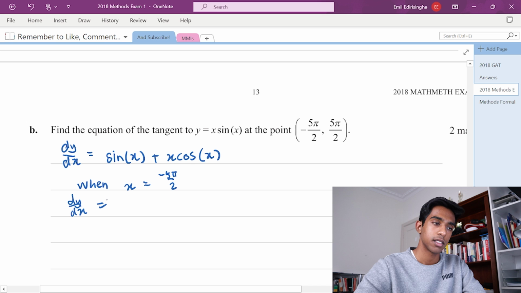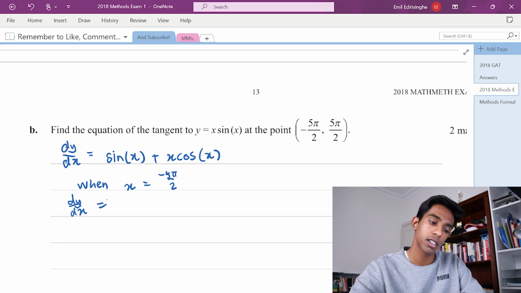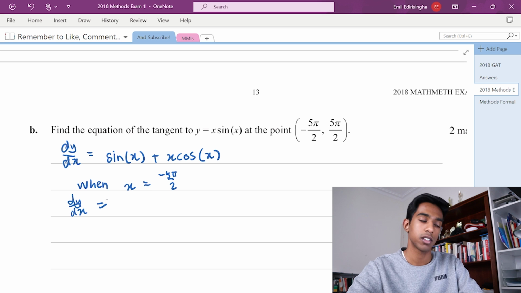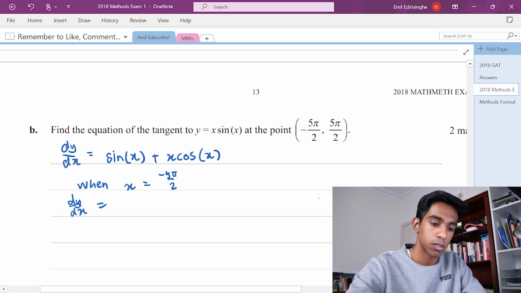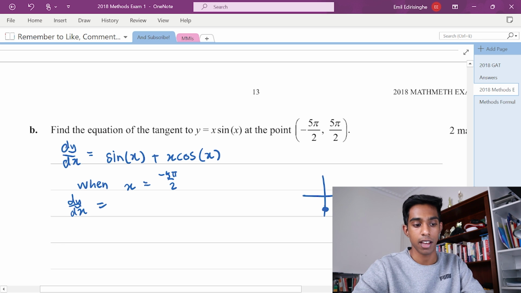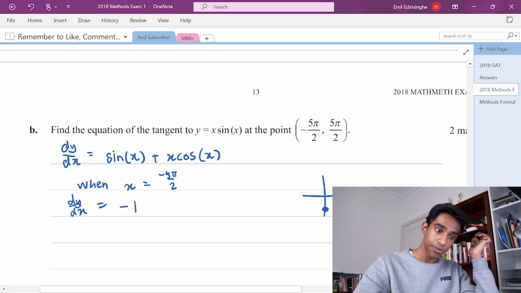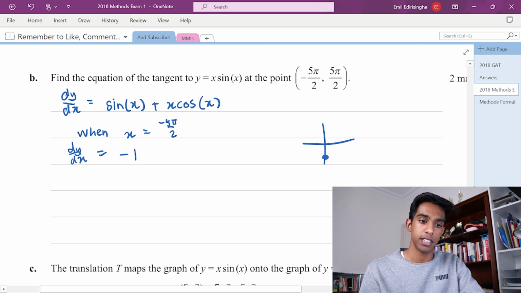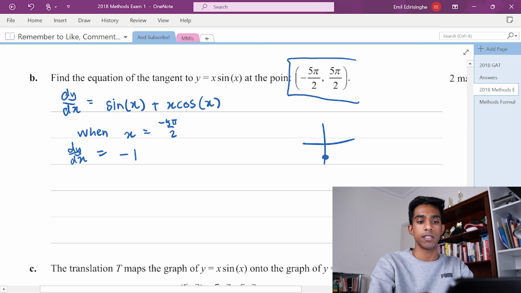So when that is going to be, cos is going to be equal to nothing. Then we're looking at sine, and it's going to be in the bottom sort of quadrant. So if we draw the thing, it's going to be here because it's negative 5 pi on 2. And then that means that dy/dx is going to equal negative 1. Then we're looking to find the equation of the tangent. And we've been given this point.